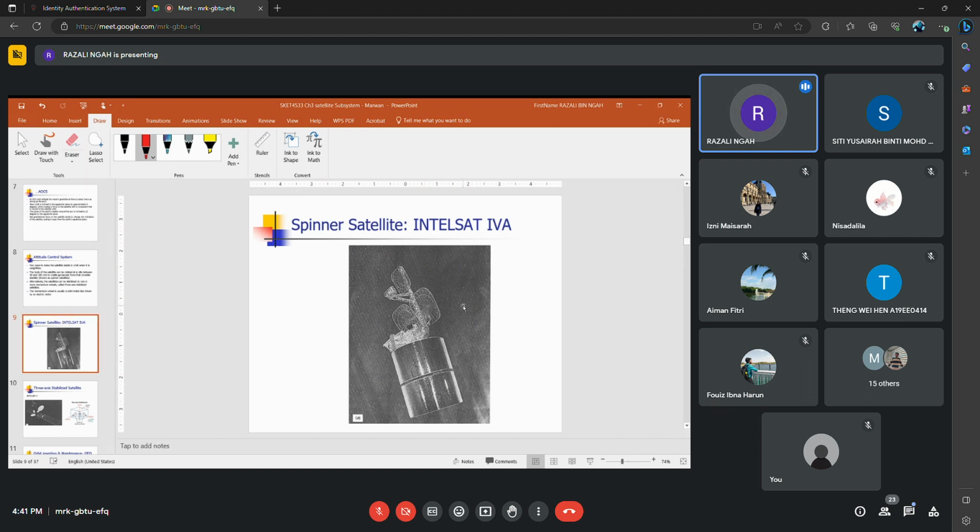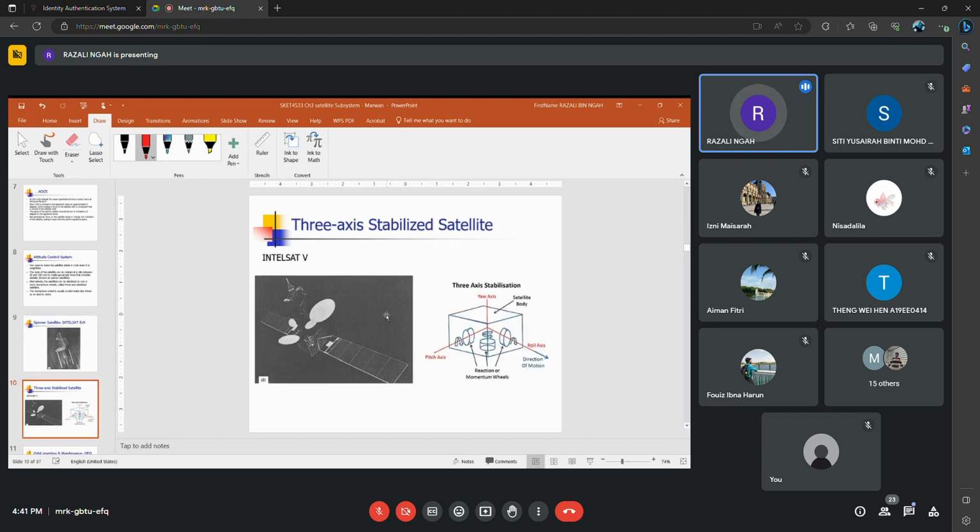This is the spinner satellite. Another type of satellite we call a three-axis stabilized satellite, which has three momentum wheels rotating in order to stabilize the satellite.